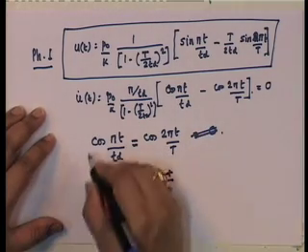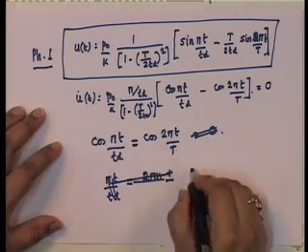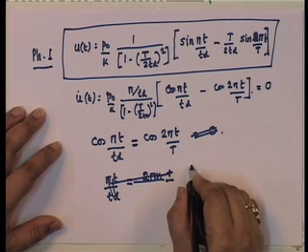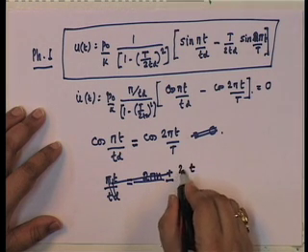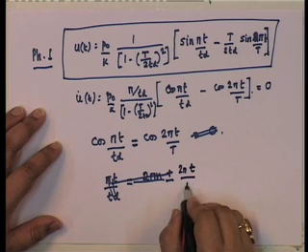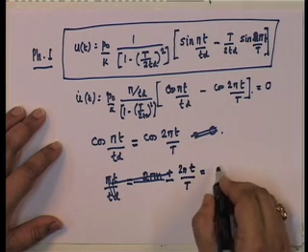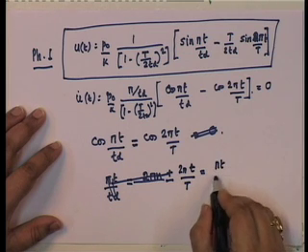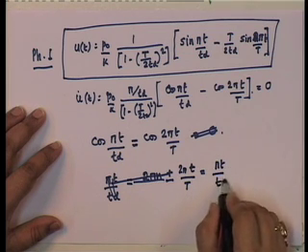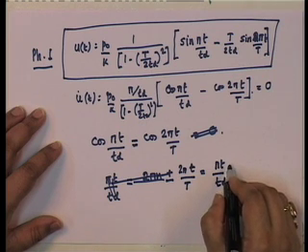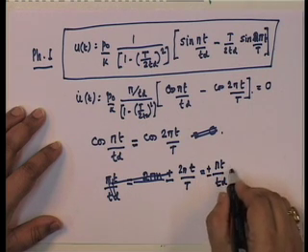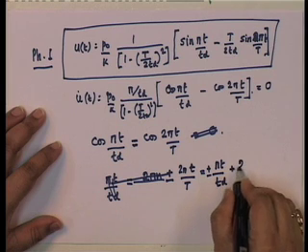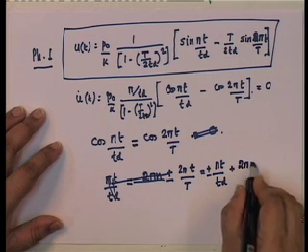What you get is this one comes on this side. So, what you are getting is 2 pi t upon t is equal to pi t upon t d plus or minus 2 pi n.